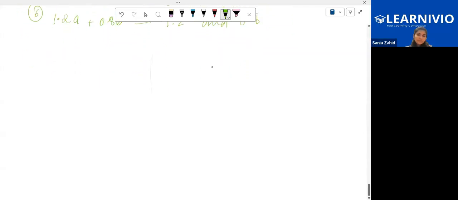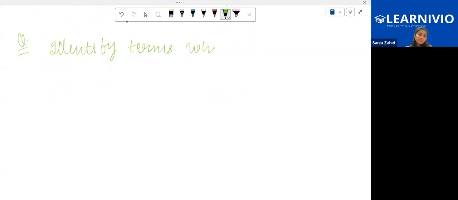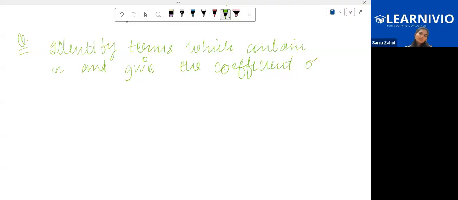Next is: identify terms which contain x and give the coefficient of x.